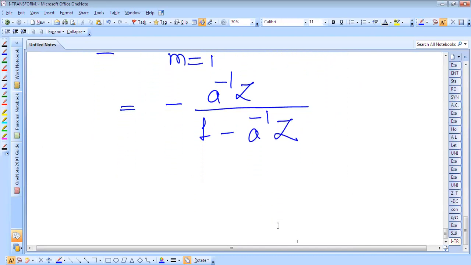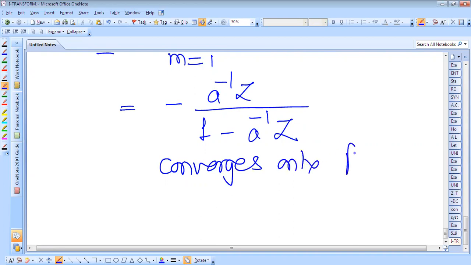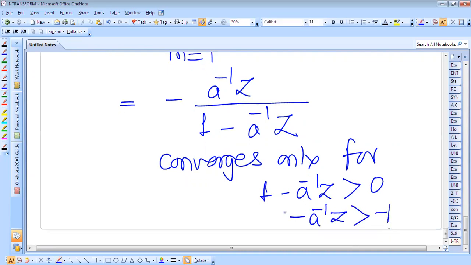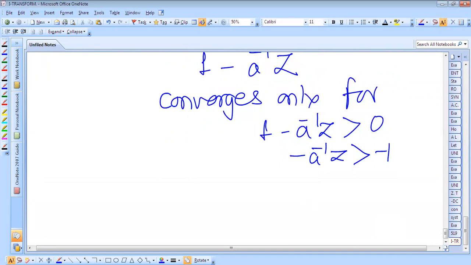And this converges only when the magnitude of a raised to power minus 1 z is less than 1. So what is the ROC here?